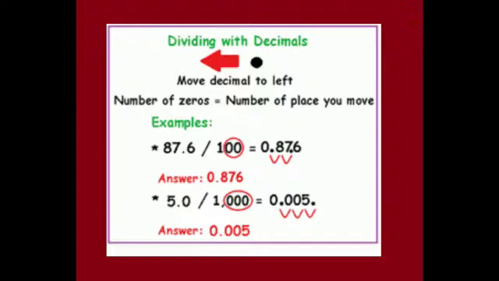Here we are given a decimal number 87.6. We are dividing by 100, so we move the decimal point two places to the left and we get 0.876. Likewise, if we are dividing 5 by 1000, we move the decimal point three places to the left and we get 0.005.